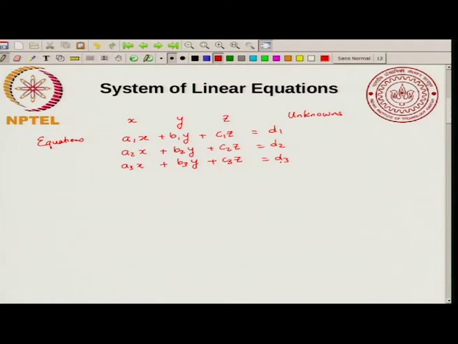They are all scalars, that means they can be real or they can be complex numbers. You can write this in the following form.